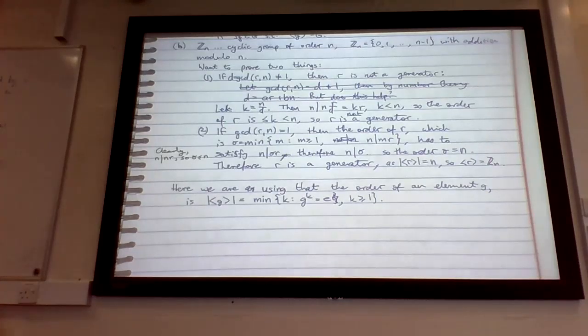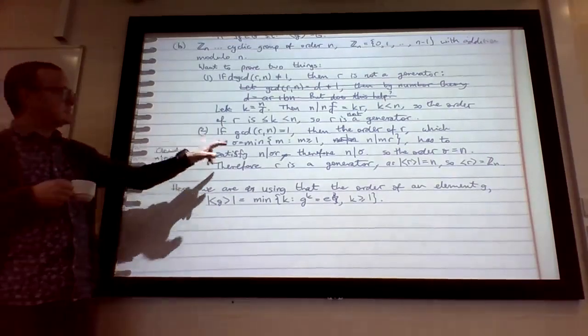Okay. Any related questions or points about it? So why, if n is less than r, is the order less than n?